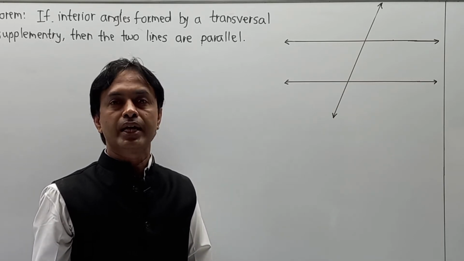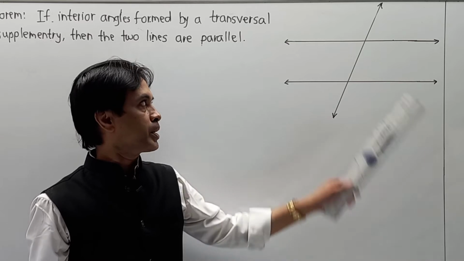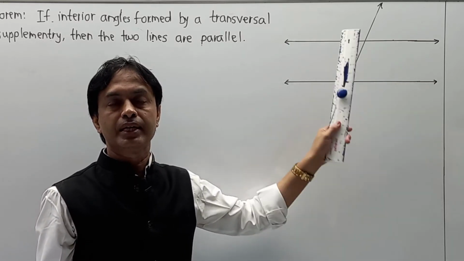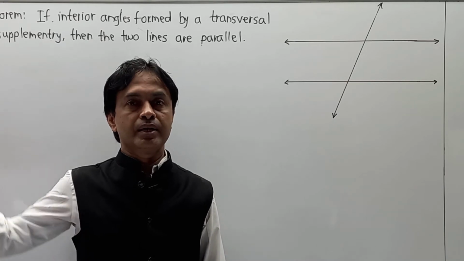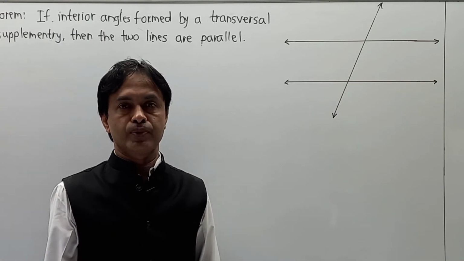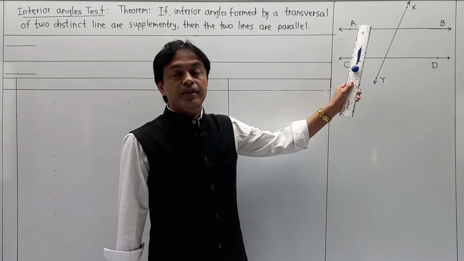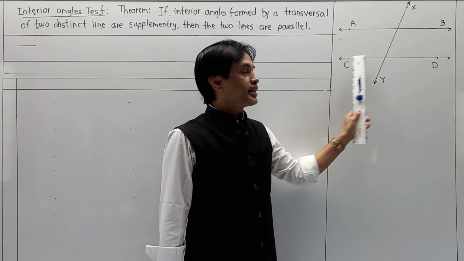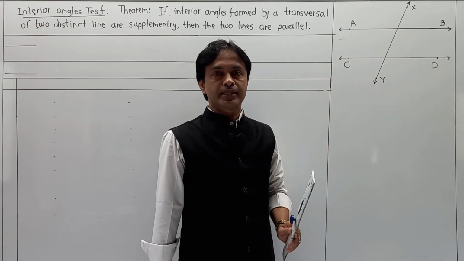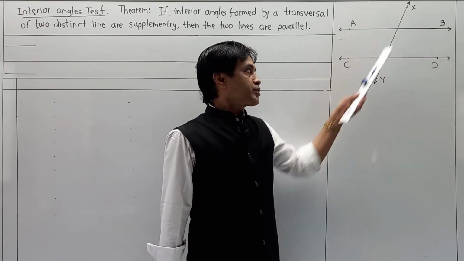Again, it is a type of indirect proof, and I am going to give a nomenclature in terms of lines, and write the proof in the form of number, statement and reasons, with the given and to prove also. So friends, let us say there is a line AB and there is a line CD. These are the two lines. There is a transversal XY.